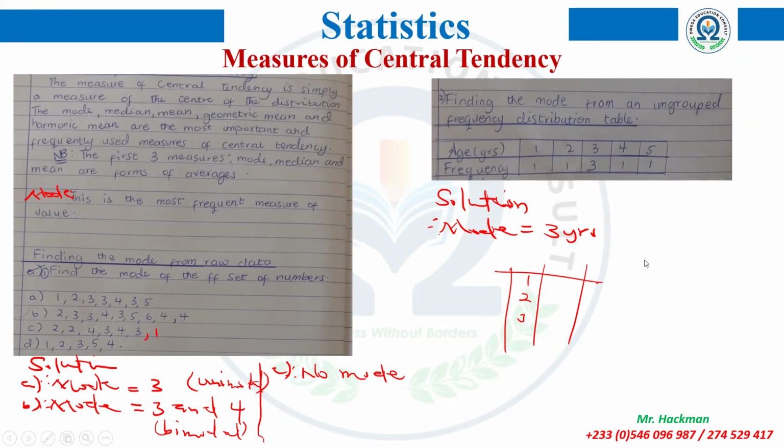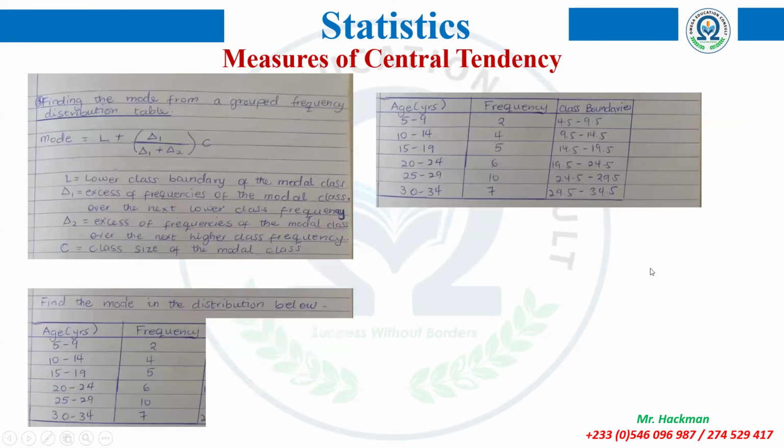Now, this is where I am going to talk just a little, and we are going to work just a little. All right, so let's look at this. Finding the mode from a grouped frequency distribution table. Unfortunately, that is not that easy. But thank God we are all smart, we are professors.